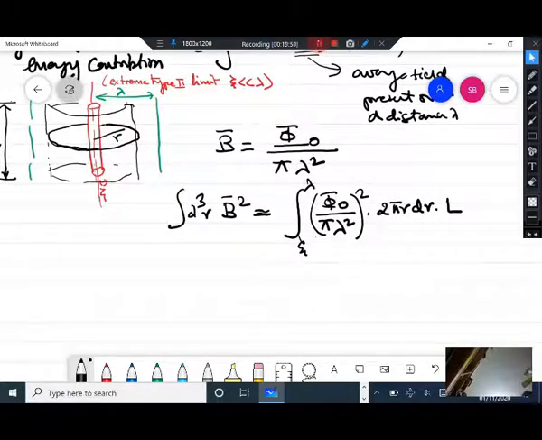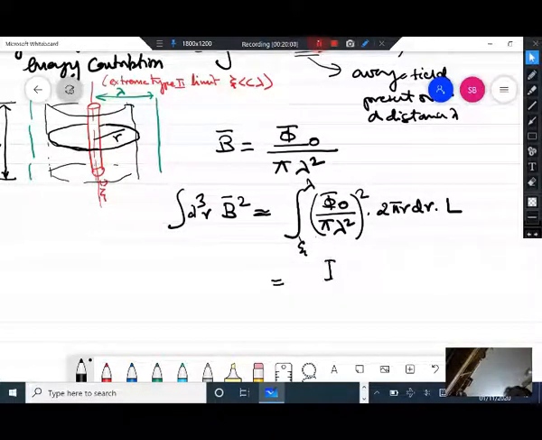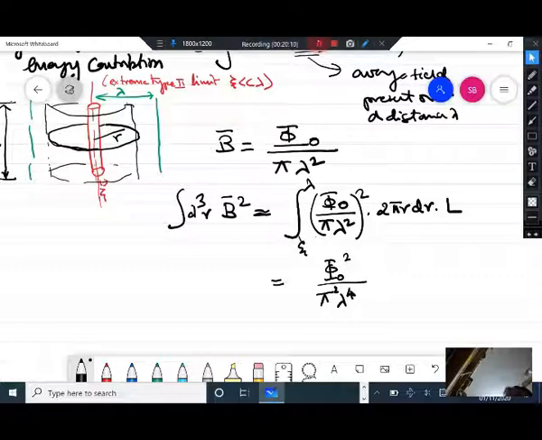And this would be phi naught square by pi square lambda raised to 4 into pi r square from xi to lambda into L. This would be the average contribution.